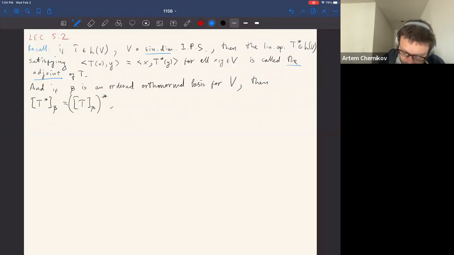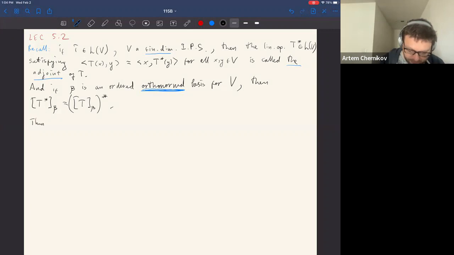Now for this to hold, it's important that the basis consists of orthonormal vectors. Otherwise, it doesn't have to be true. So it's not true for an arbitrary basis, only for the orthonormal ones. And let me just state a few properties of adjoints.